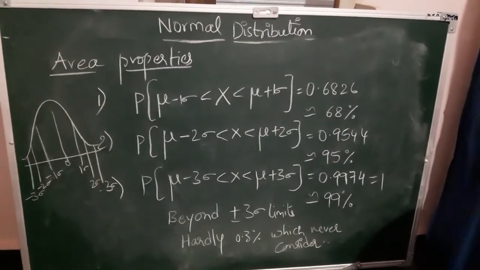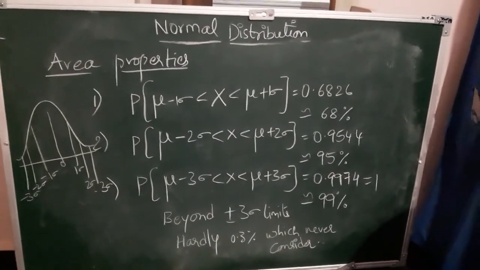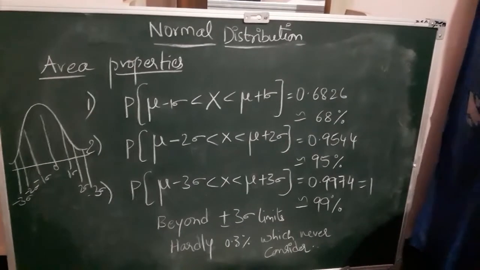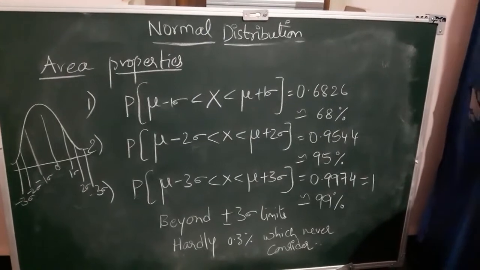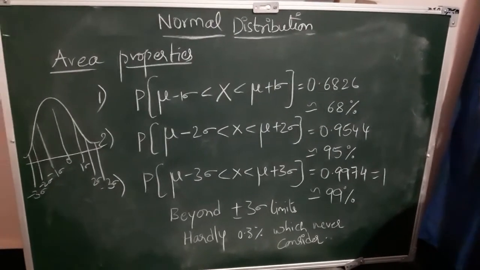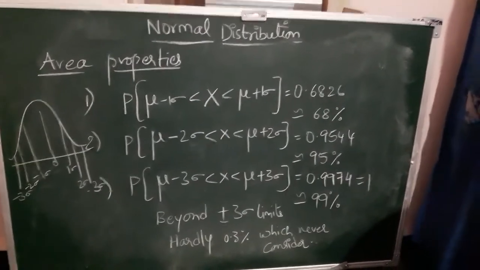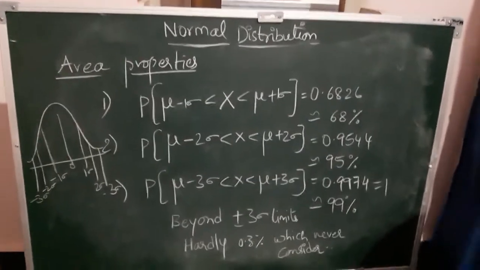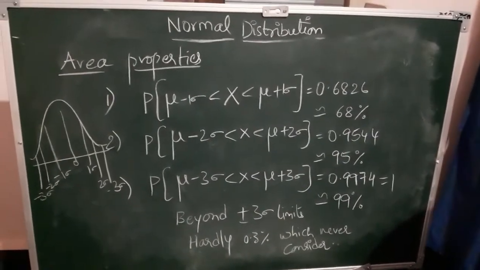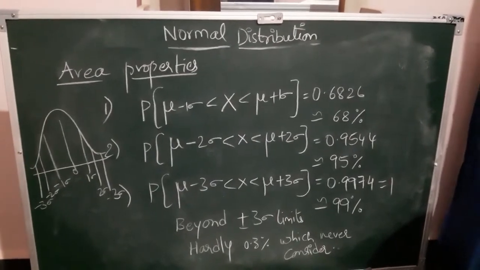Fine. There is one more formula which we are going to use, that is the standard normal variate, in short form SNV. So that is our next concept. And another thing, on WhatsApp I have shared the normal tables.